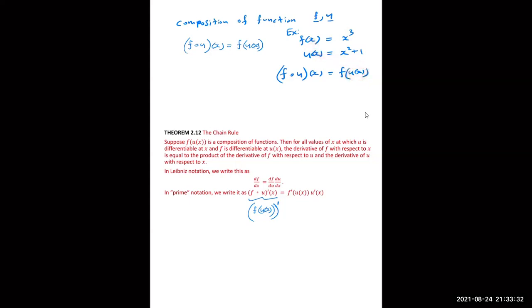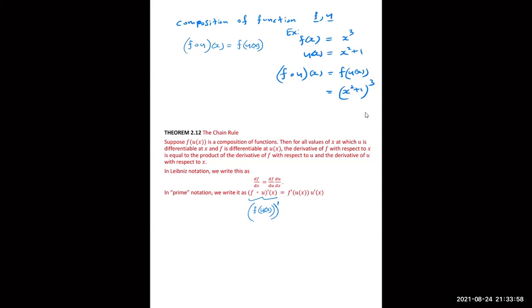Then this is equal to x squared plus 1, the whole thing to the power 3. That is the composition of f and u. f composition u of x is going to be x squared plus 1 to the power 3. You just plug in this u of x in the function f of x to find f of u of x. All right, that's something from your pre-calculus class.